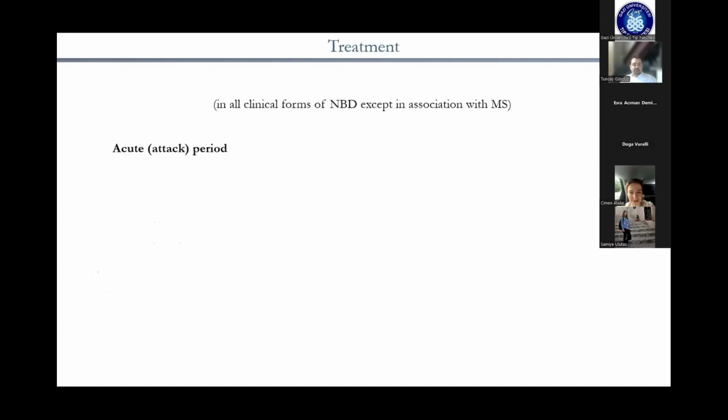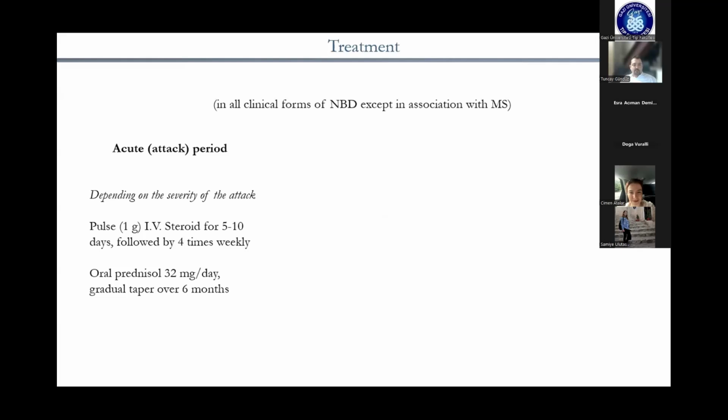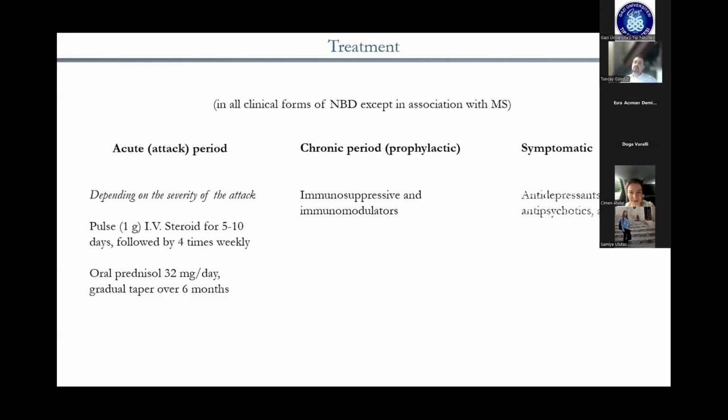In the acute periods, we give pulse steroids, 1 gram per day for 5 to 10 days, followed by 4 times weekly. And after that, for 6 months, we administer oral prednisolone with gradual tapering. And in the chronic period, we give immunosuppressants and immunomodulators, as Serkan mentioned.